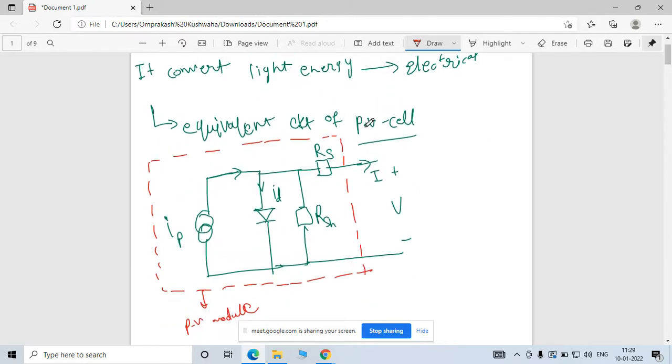Now, the symbol of this PV cell is an envelope type, just like that.